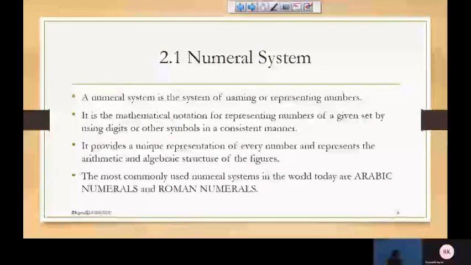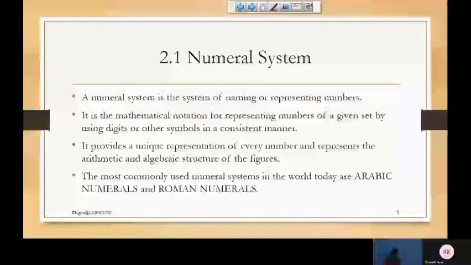We have different types of alphabets like the Arabic, the Russian, the Greek. We've got all those different types of alphabets. So the same thing applies with numeral systems.